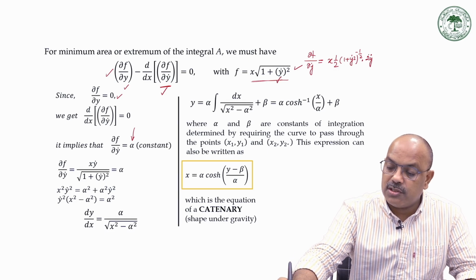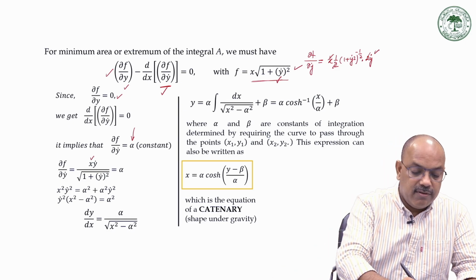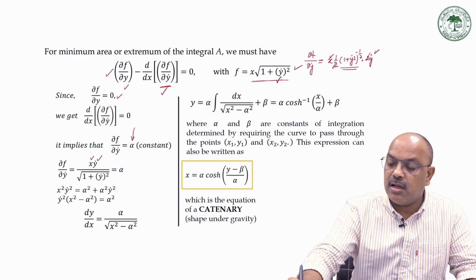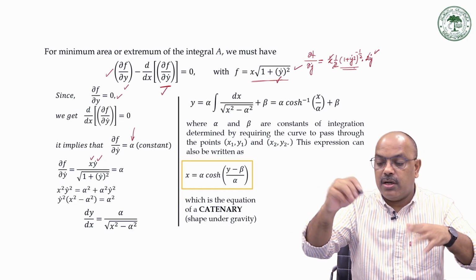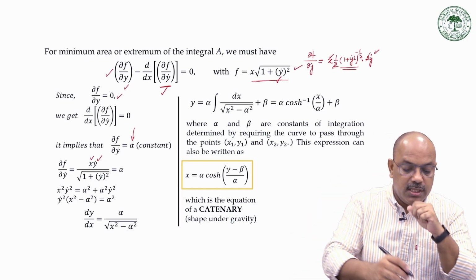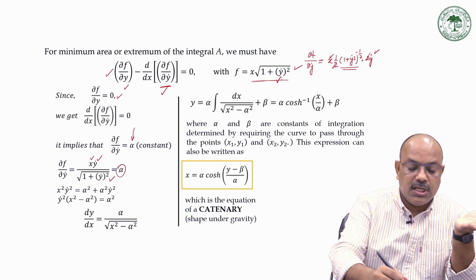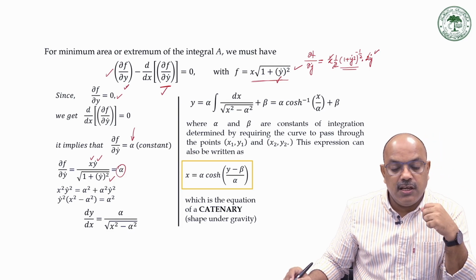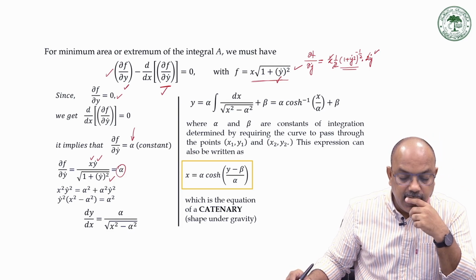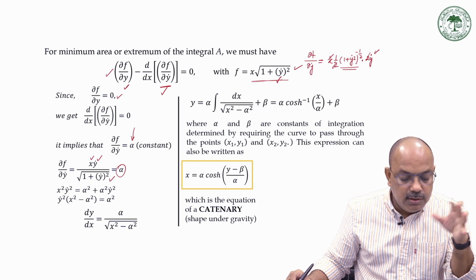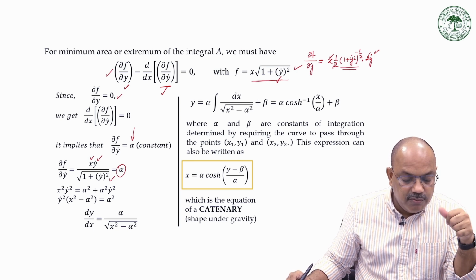The twos cancel out, so you get x y dot upon the square root of 1 plus y dot square, and this is equal to the constant alpha, because df by dy is 0. Now you cross multiply and square everything.